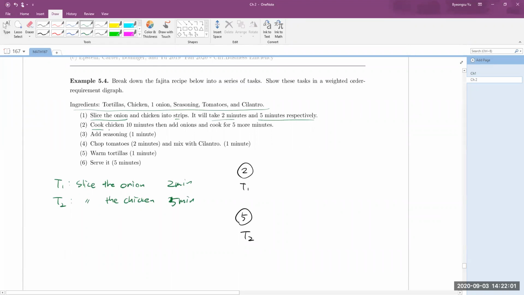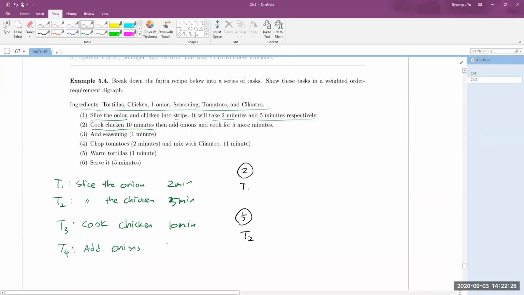And the next job is to cook the chicken, 10 minutes. And then add onions and cook more for 5 more minutes, right? So the fourth task is add onions.